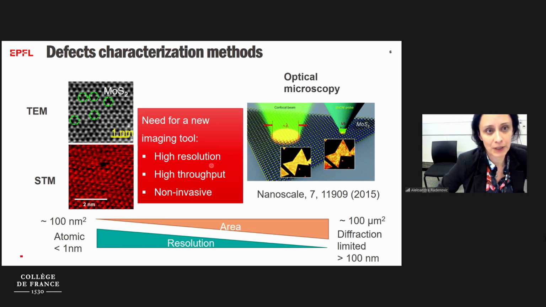Optical microscopy can operate in liquids and can also image 2D materials. However, until we stumbled on the blinking of hexagonal boron nitride, optical microscopy was not suitable for imaging such defects because it lacked the resolution.